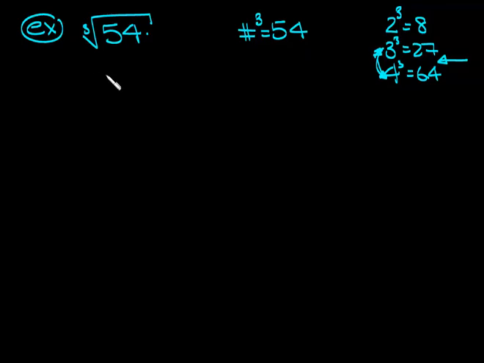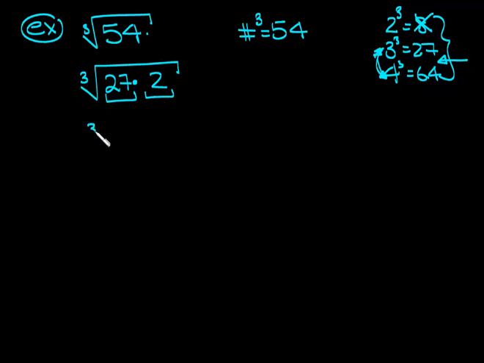So ask yourself, can I write 54 as a product of two numbers such that one of them is a perfect cube? And here are my cubes, so we can say, does 8 times something give me 54? No, so that doesn't work. How about 27 times something give me 54? Sure, it's 27 times 2. So now I can break it down into the cube root of 27 times the cube root of 2.